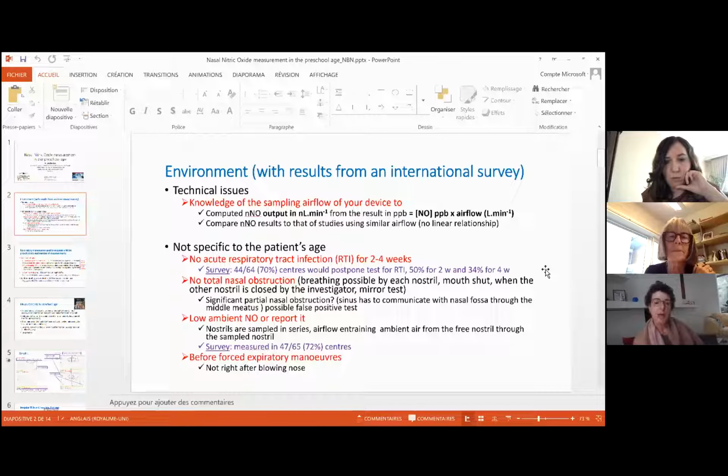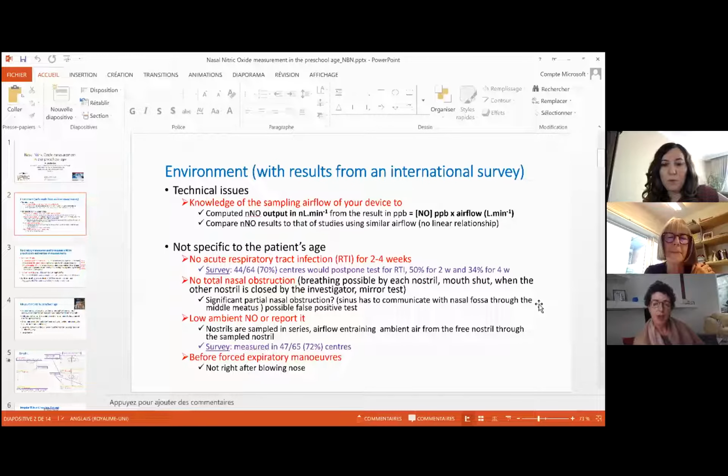Of course, if the child has total nasal obstruction, you won't be able to sample the air from the nostril. But the trouble is when there is a partial nasal obstruction, and it's quite difficult to diagnose this because you would have to see the middle meatus, which is not permeable, and you can't see that.